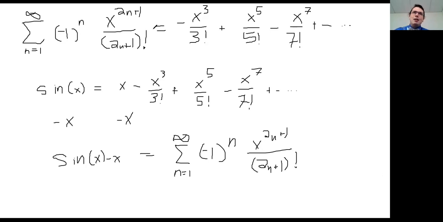Well, this is all fine because the Maclaurin series for the sine function converges for all real numbers. So as long as this power series is convergent, it will be absolutely convergent using choice of the root test or the ratio test.